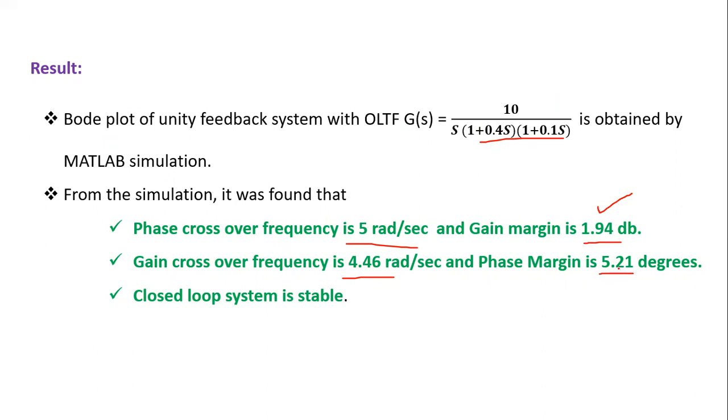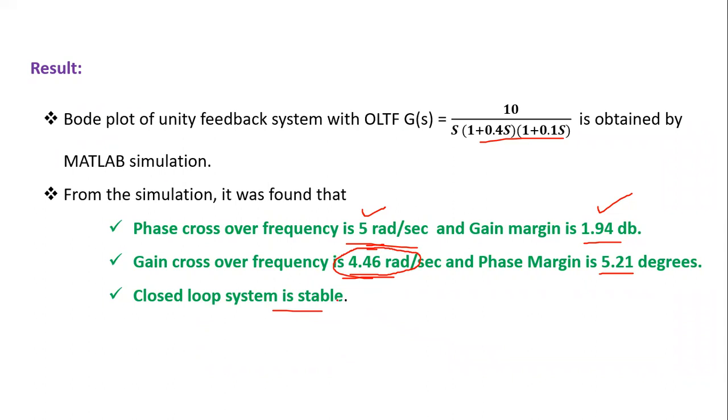Now we need to cross-check how to identify the stability of the system. If the phase crossover frequency is greater than the gain crossover frequency, then we say the system is stable. Or if the gain margin and phase margin are positive, then also the system will be stable. If the phase crossover frequency is equal to the gain crossover frequency, then we say the system is marginally stable.